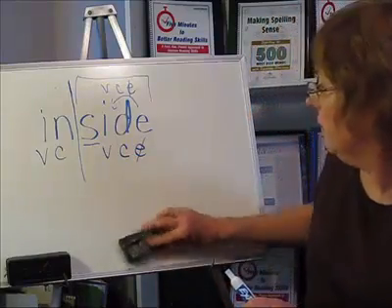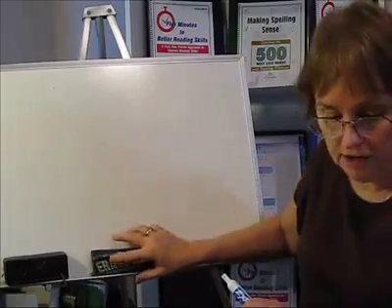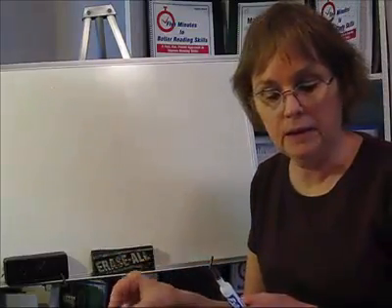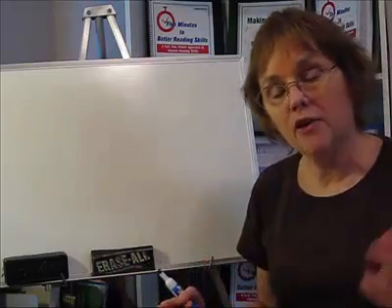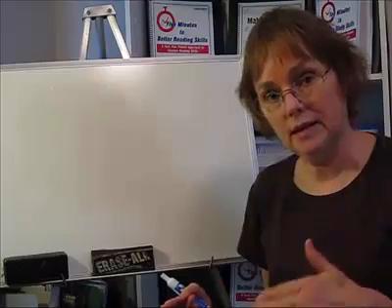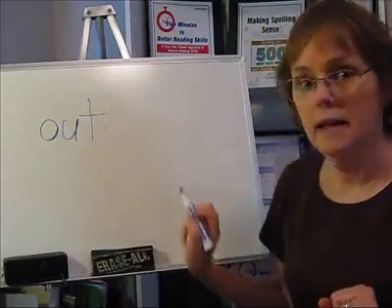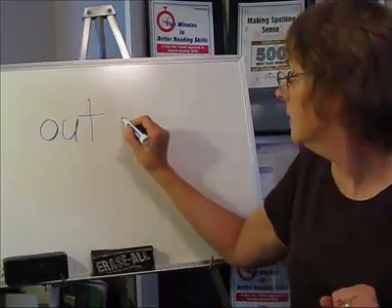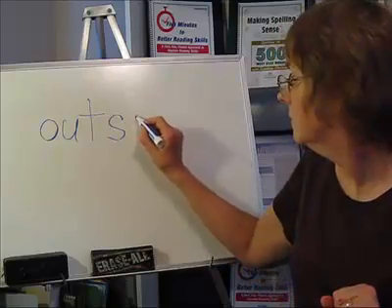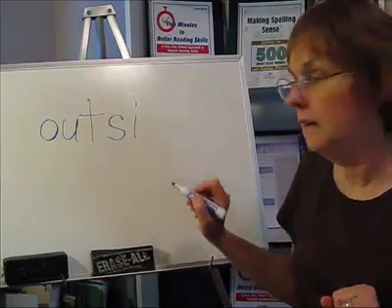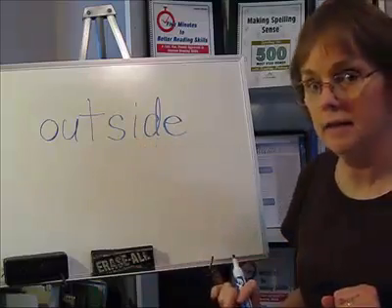Now we also have things called vowel patterns, and that's when two vowels come together, and typically they'll come together to make a new sound. So I'm going to do another two-syllable word so that you can see how you would do this. Again, I know that I need this final silent E because the I said its name.